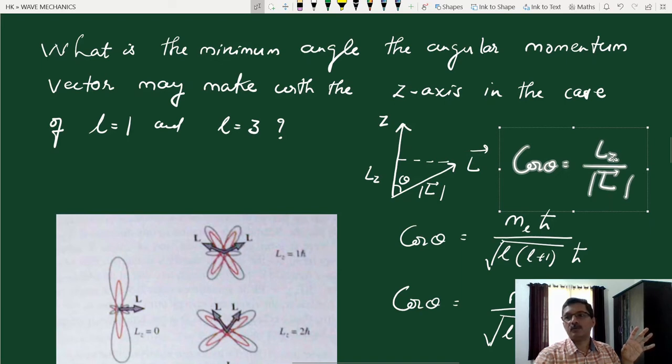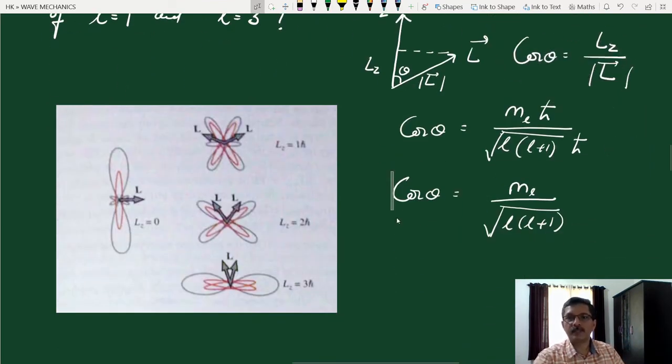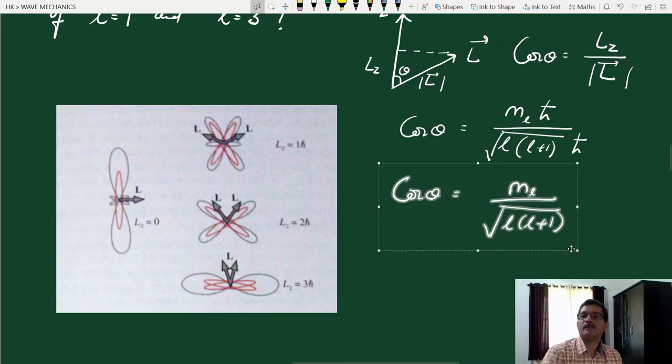Okay, so theta is minimum when Lz is as large as possible. The z component is as large as possible. Or if we replace this Lz value with ml h cross and modulus of L with root L into L plus 1 h cross, we can say that theta is minimum when ml is as large as possible. Okay, so what is the largest value of ml? It is L, right?